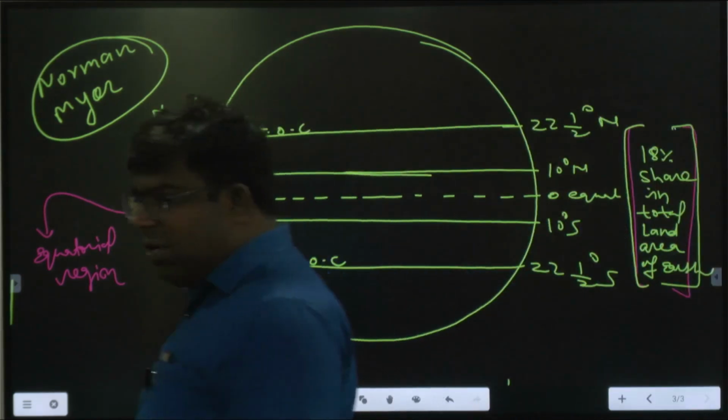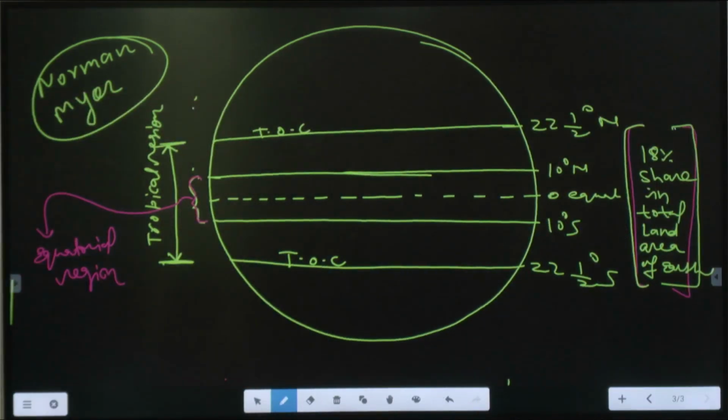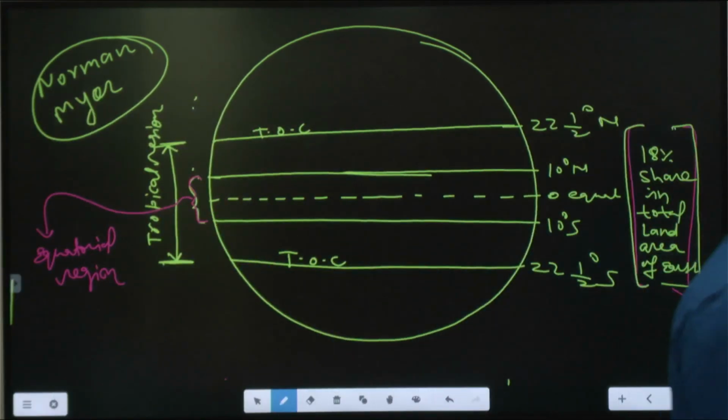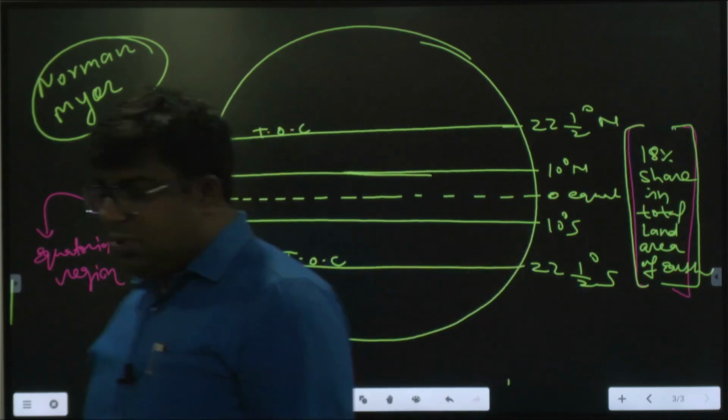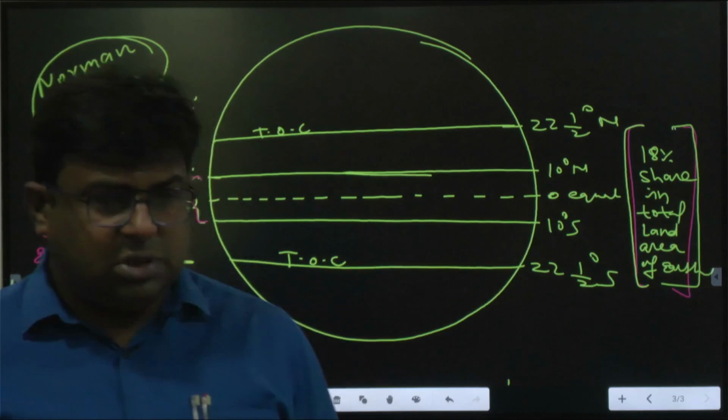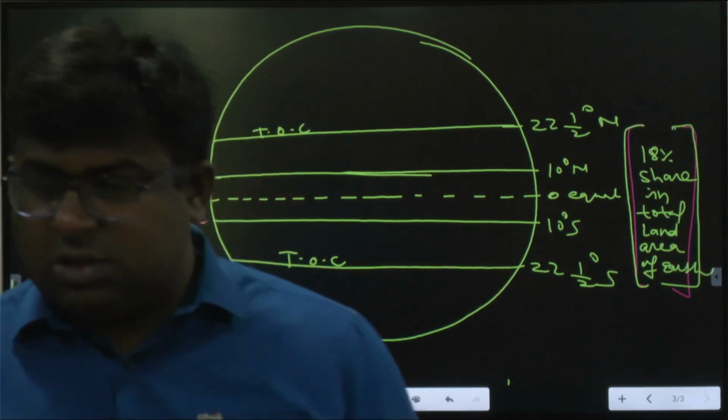In bracket you should write down: naturally found only in that location. Only in that location. Nowhere else. Nowhere else. Bracket close. Right?